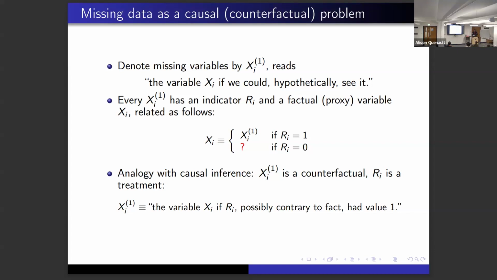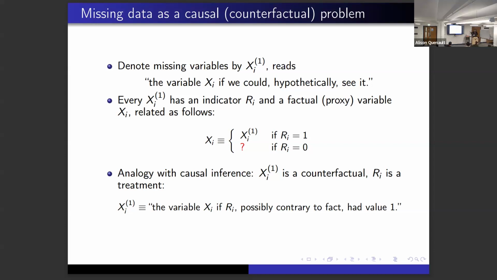So viewed in this way, this definition that relates X_i, X_i(1), and R_i is basically the missing data version of consistency. So in causal inference, you have this idea that I have two versions of the outcome, Y(1) and Y(0). And if the treatment is 1, Y(1) becomes observed, becomes Y. And if treatment is 0, Y(0) becomes observed, becomes Y. So in missing data, it's kind of like that, except there's only Y(1).